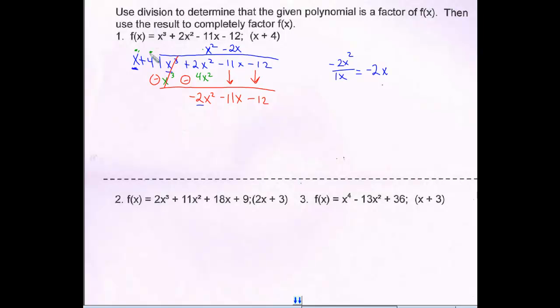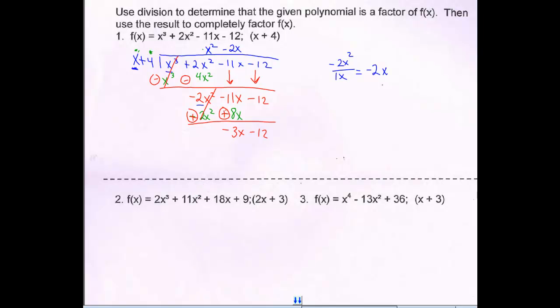Now multiply negative 2x times 4, so negative 2x times 4 is negative 8x. Negative 2x times x is negative 2x squared. Draw our line and change signs. The x squares will cancel, and this leaves negative 3x minus 12.